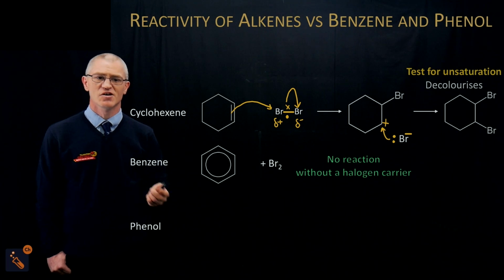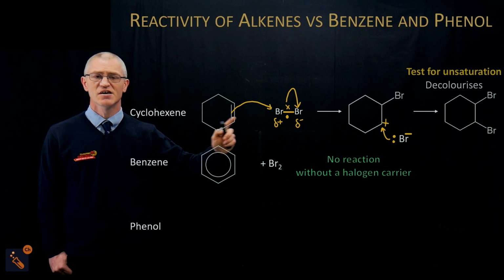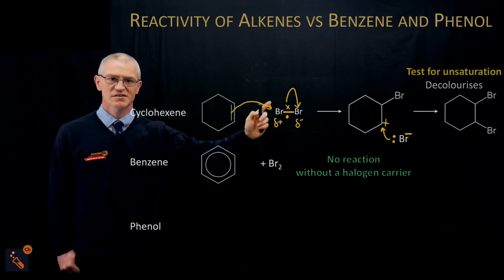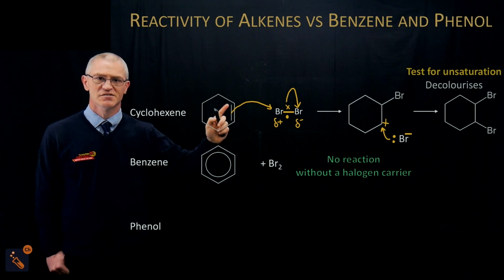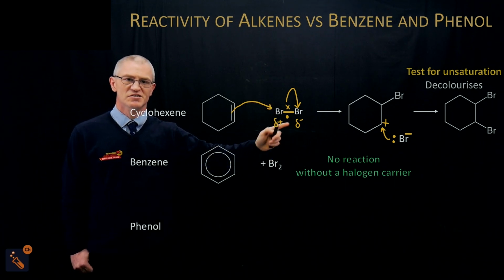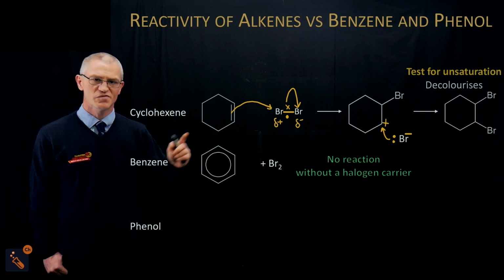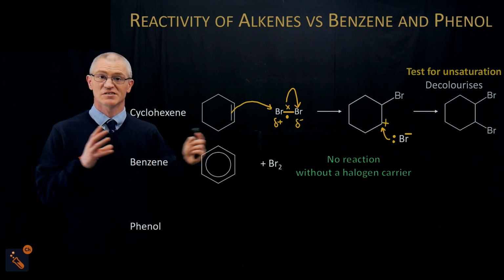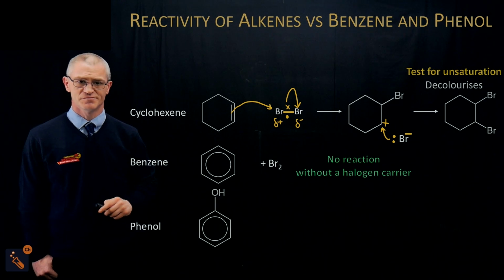So there's no reaction without a halogen carrier, whereas cyclohexene reacts without a halogen carrier, no problem whatsoever. You get polarization here, and that's because of localized electrons here, and high electron density here, but we'll talk about that in a second. We've got delocalized electrons here, low electron density because they're separated, and you can't do it without a halogen carrier.